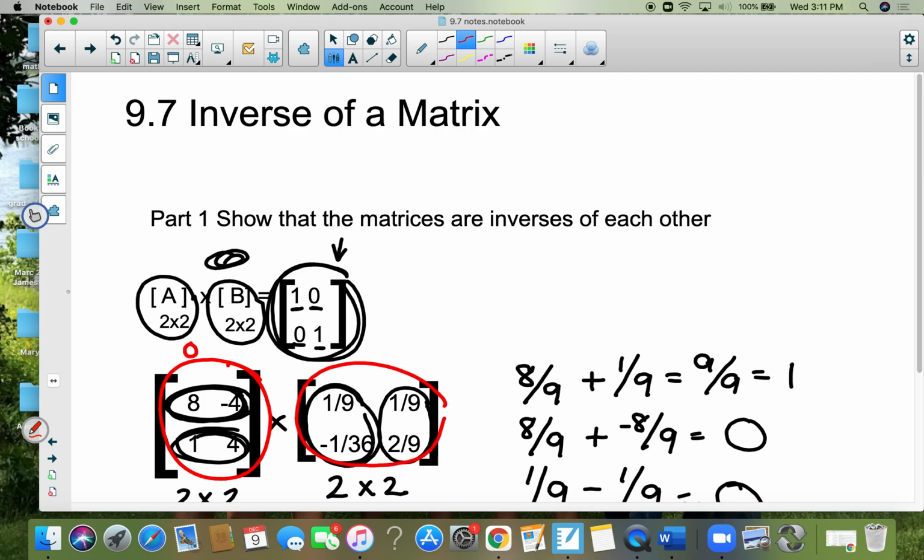This was the original problem. I showed you how we came up with these weird fractions. When you multiply them together, it should make 1, 0, 0, 1. We're not going to check it. The only thing you're going to have to do on the test is to find the inverse.